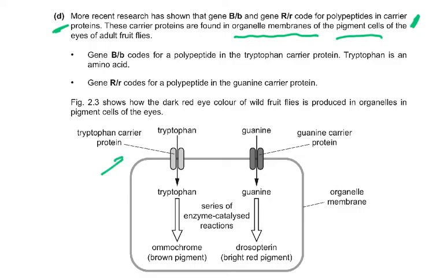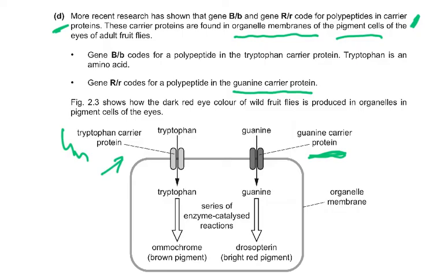You can see it here. Tryptophan carrier protein. Tryptophan is an amino acid. Gene big R small r codes for a polypeptide in the guanine carrier protein. So this is a guanine carrier protein and this is a tryptophan carrier protein. Figure 2.3 shows how the dark red eye color of wild fruit flies is produced in organelles in pigment cells of the eye.